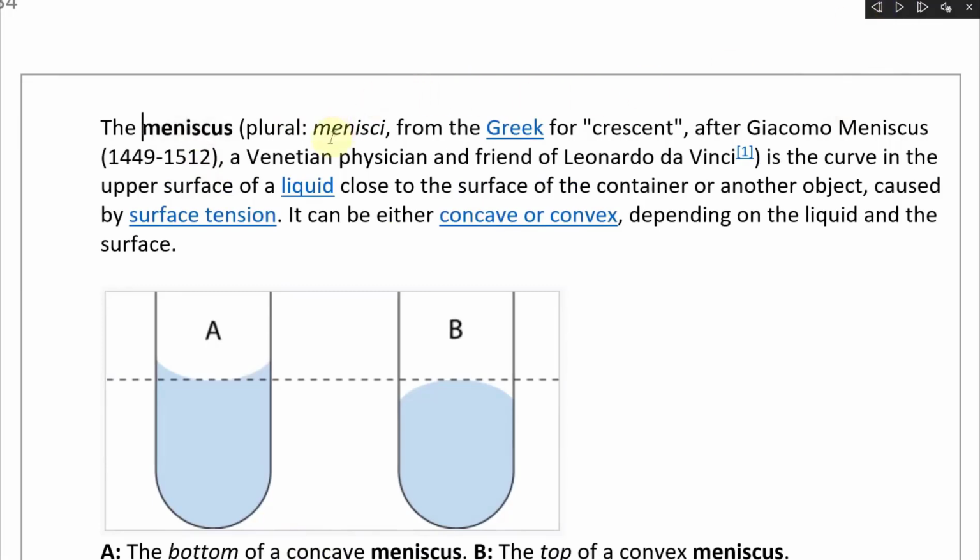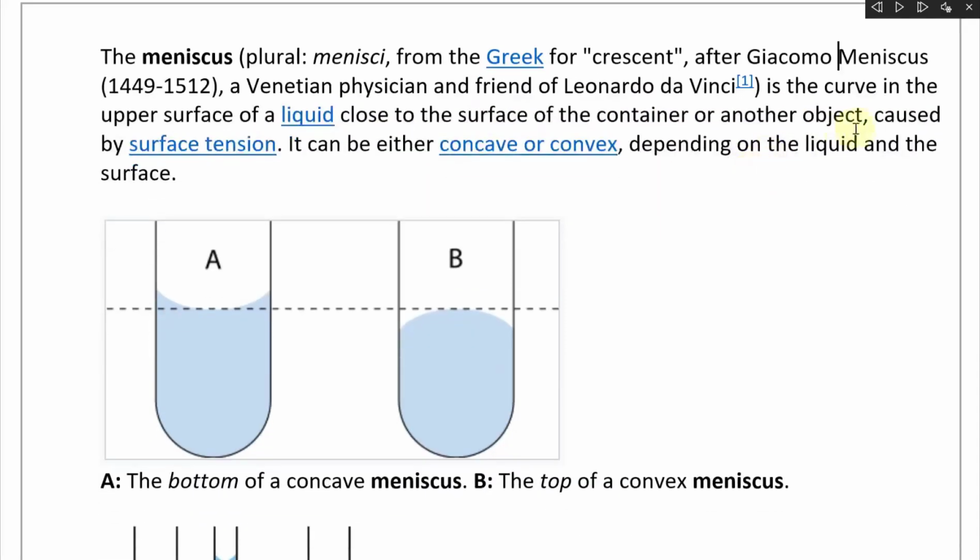Meniscus, plural menisci, from the Greek for crescent, after Giacomo Meniscus, 1449 to 1512, a Venetian physician and friend of Leonardo da Vinci, is the curve in the upper surface of a liquid close to the surface of the container or another object, caused by surface tension. It could be either concave or convex, depending on the liquid and the surface.